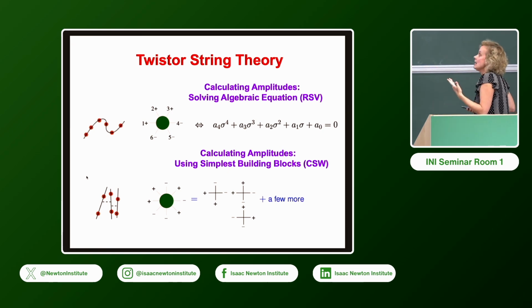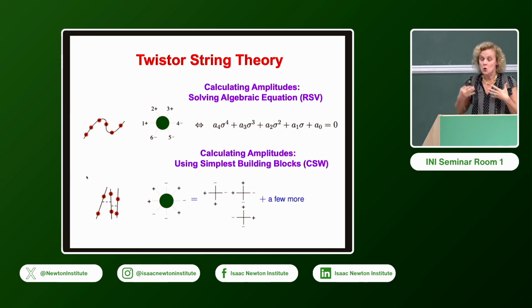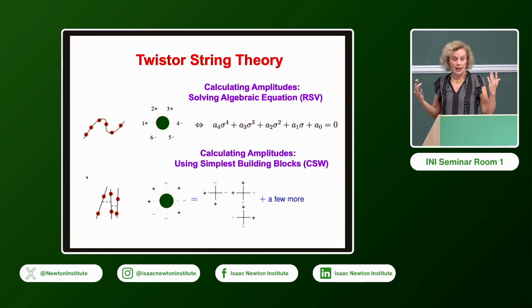Another new way of computing amplitudes, which came from twistor string, was the so-called expansion, where you can compute an amplitude from those MHV amplitudes just from the line. So Witten constructed the twistor string, new ways of computing amplitudes emerged, and new amplitudes were computed.